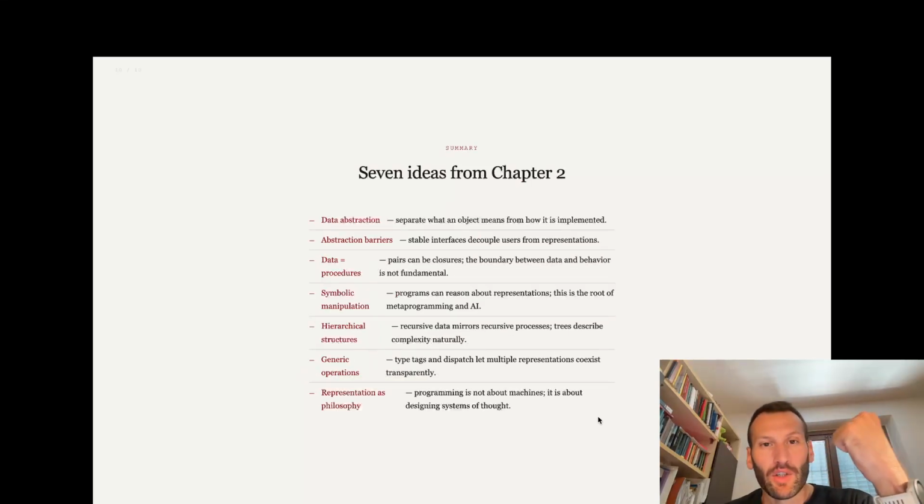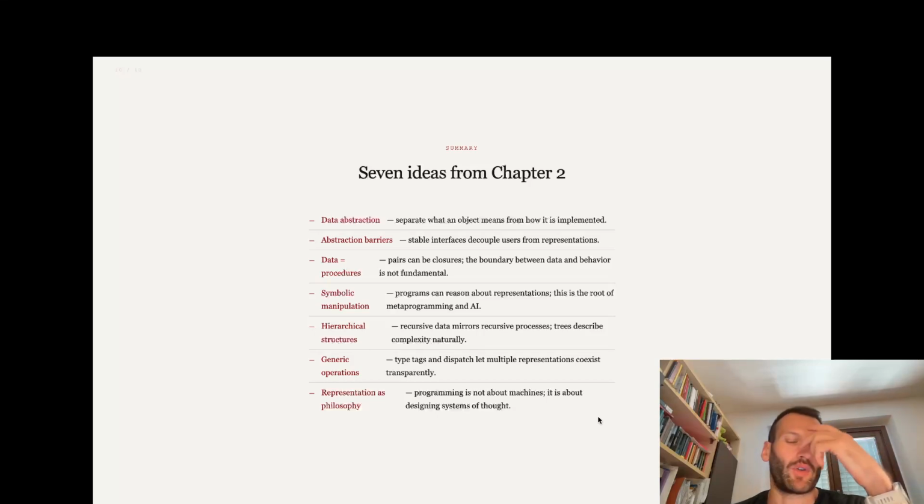So, a brief summary with seven ideas from chapter 2, and then we are done and we can continue with chapter 3. The first idea is data abstraction: separate what an object means from how it is implemented. Second, abstraction barriers: stable interfaces decouple users from representations.